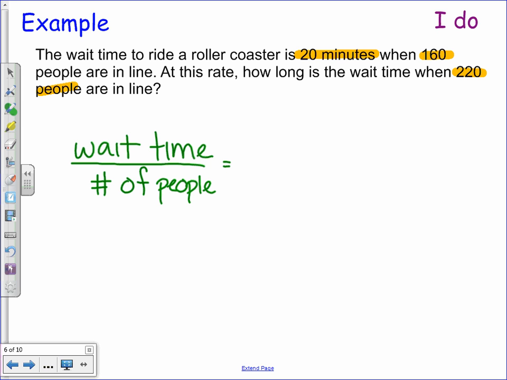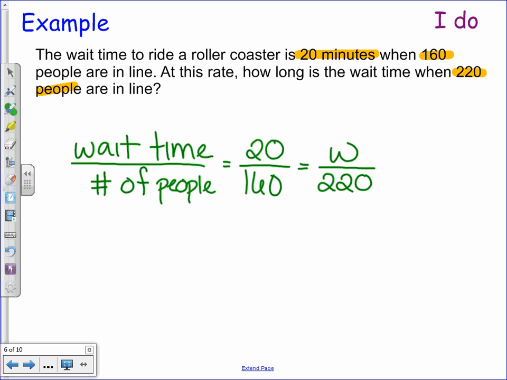The wait time for 160 people was 20 minutes, over the number of people, 160. And we're trying to figure out what the wait time is. Well, do we know the wait time? No, it's a variable, an unknown. But we do know the number of people is 220.